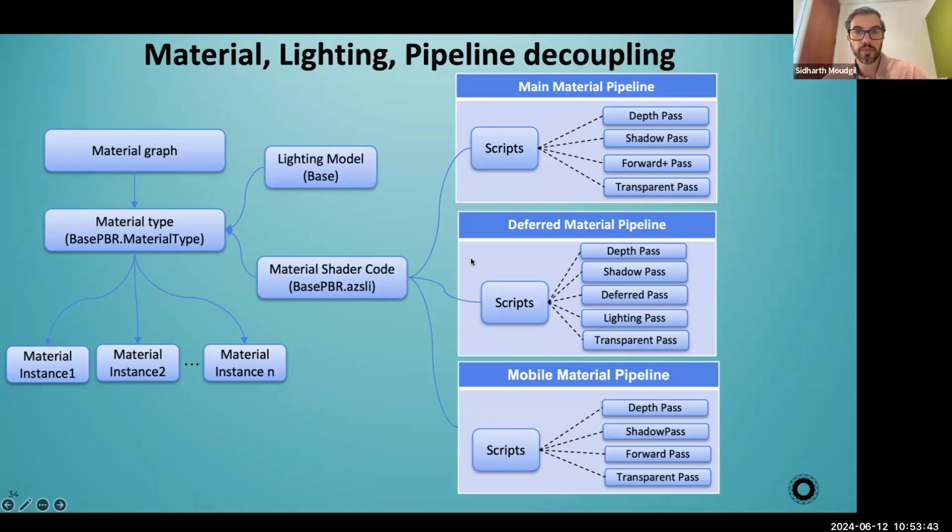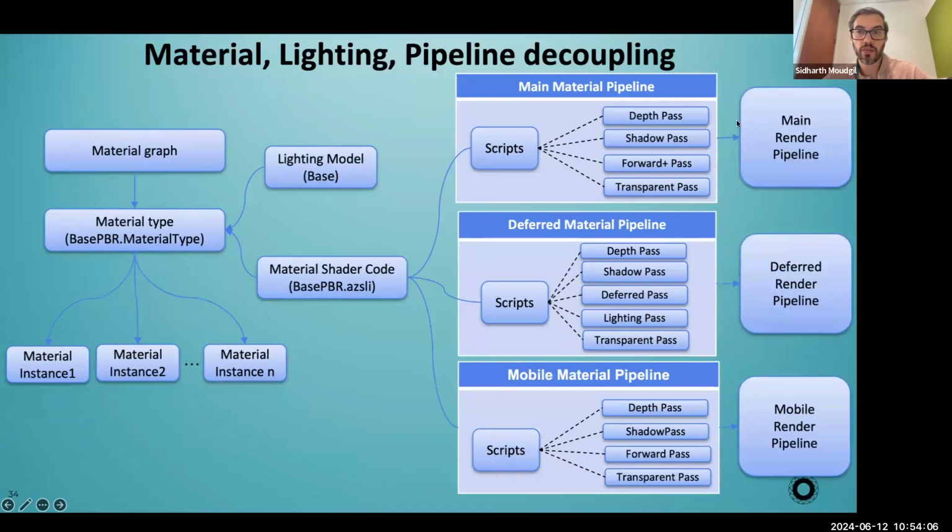Material shader code defines all the passes and all the shaders related to those passes. If it's a main material pipeline, you have your depth pass, shadow pass, forward plus pass, and a transparent pass. If you have a deferred pipeline, then you have your depth, shadow, deferred pass, lighting pass, and a transparent pass. That's where the difference is.